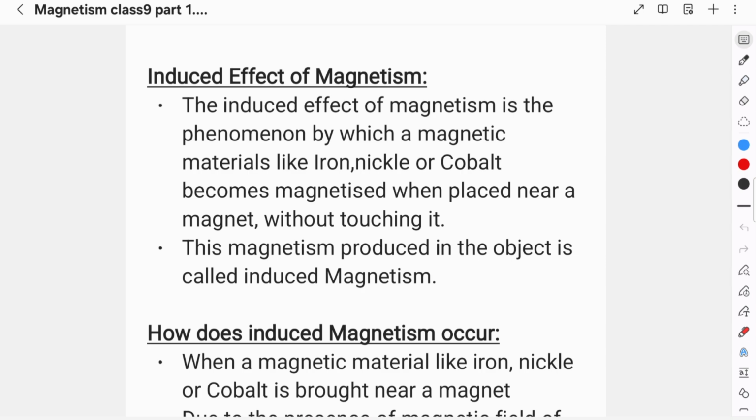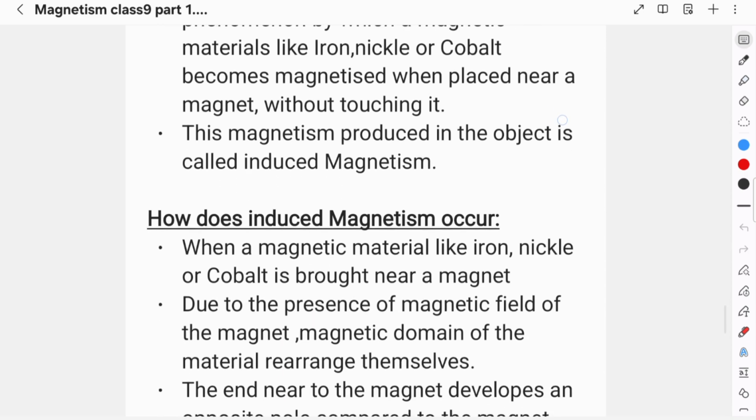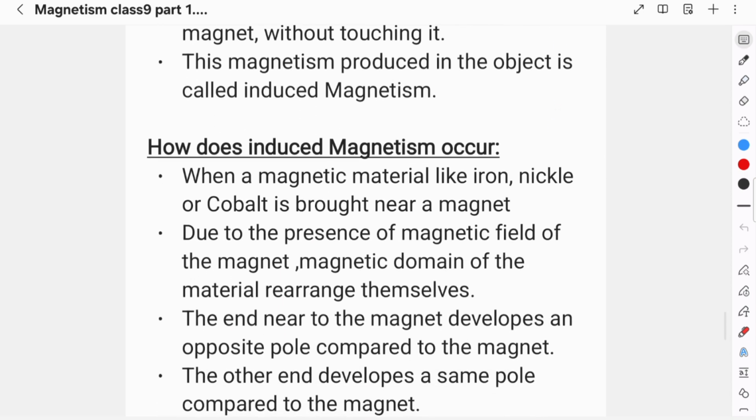So how does this induced magnetism occur? When a magnetic material like iron or nickel or cobalt is brought near a magnet, it comes under the influence of the magnetic field.